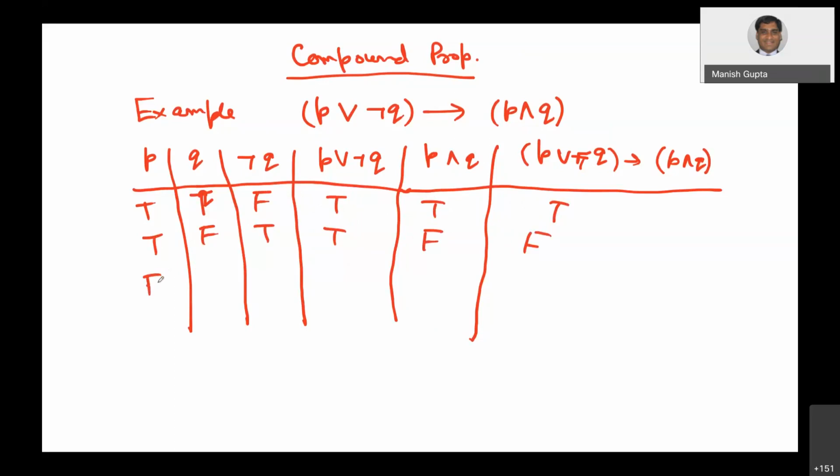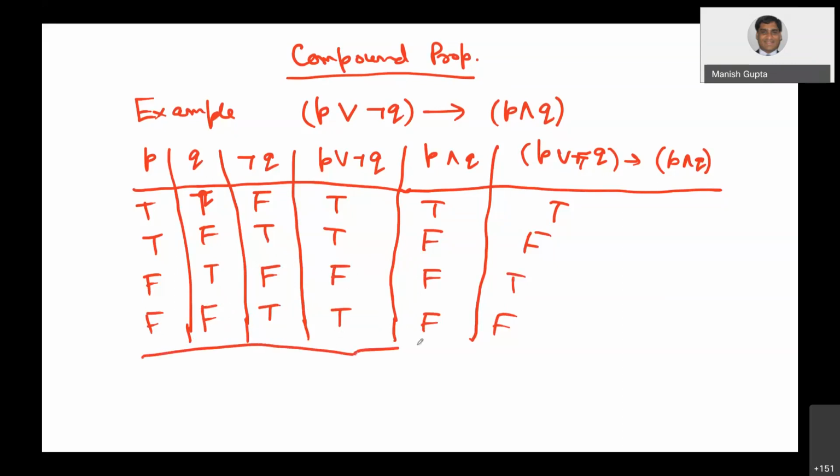If this is false, this is true, negation is false, this is false, this is false, this is true. If both P and Q are false, then this will be true, this will be true, this will be false, this will be false. So by truth table, we can also express these compound propositions.